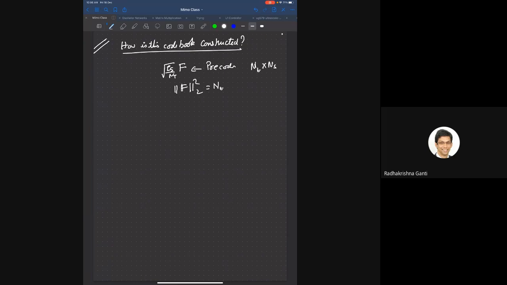First we will start with the case of beamforming. When we do beamforming, essentially what do we do?